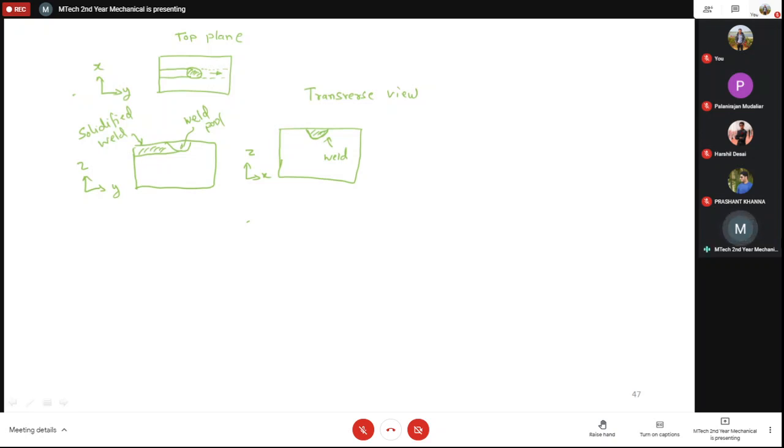Okay, so what type of information are we actually interested in for the thermal modeling of fusion welding? We are interested in the thermal profile. Okay, time is almost over. So we are looking for the thermal profile and the thermal history.